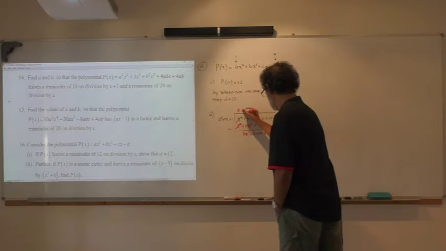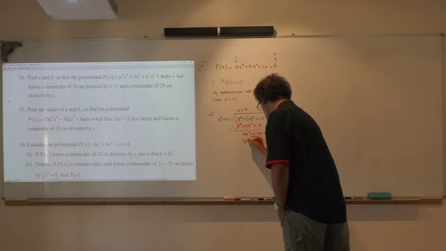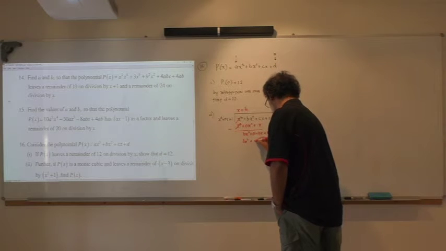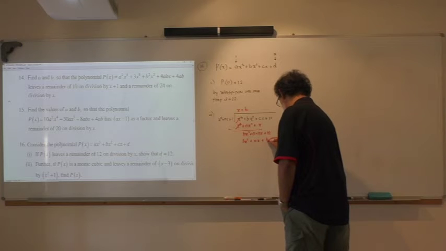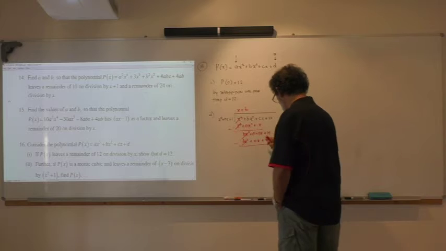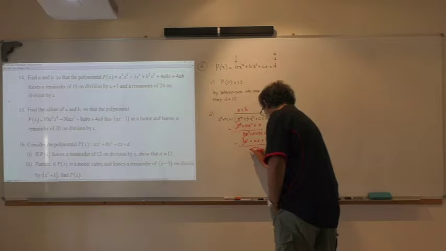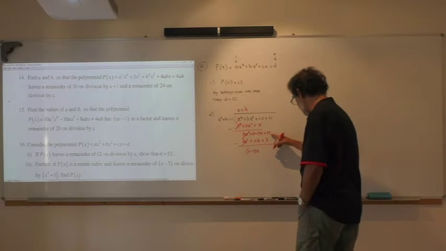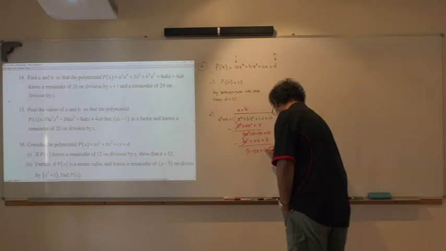So then we're going to have plus b, that will give you bx squared, and then plus 0x, and then plus b. These two will go, and in here we're going to have c minus 1 x minus 0, so it's going to be c minus 1 x, and then plus 12 minus b.